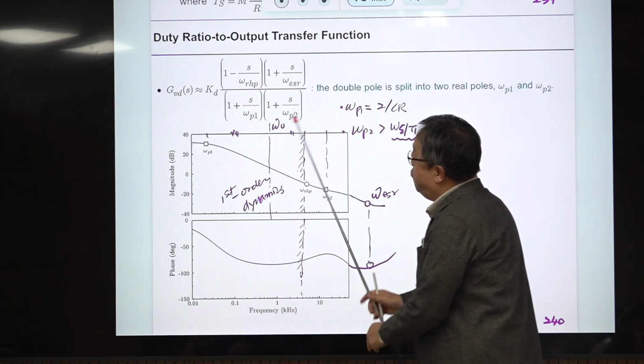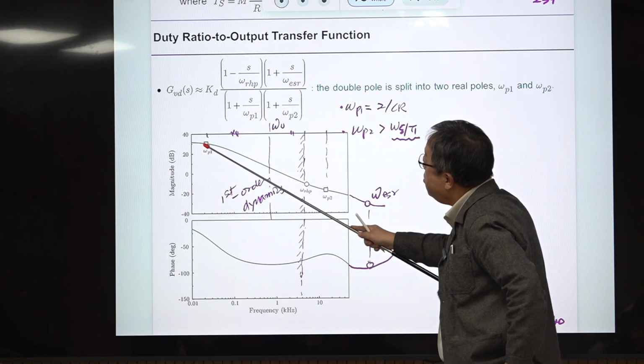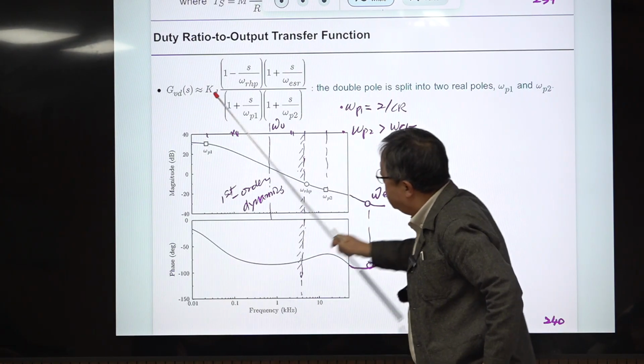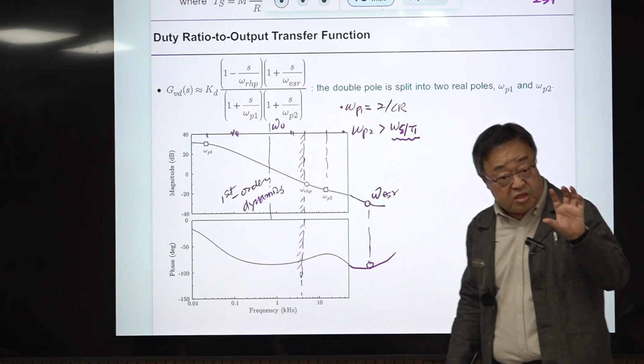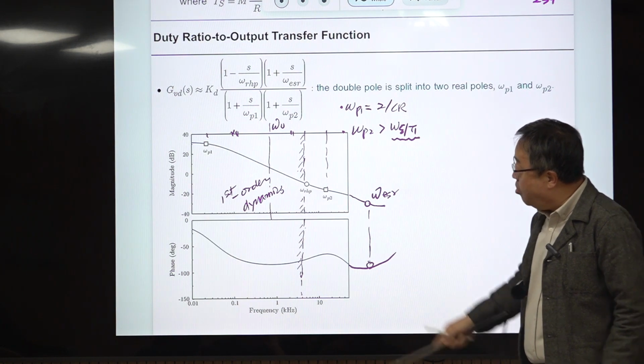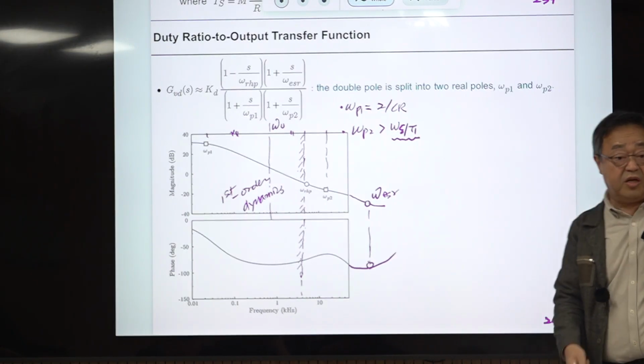Then this is a first order system, because there is only one pole here, and below this frequency range, the system becomes a first order system. This dominant pole occurs at low frequencies, so the system dynamics will be very slow.